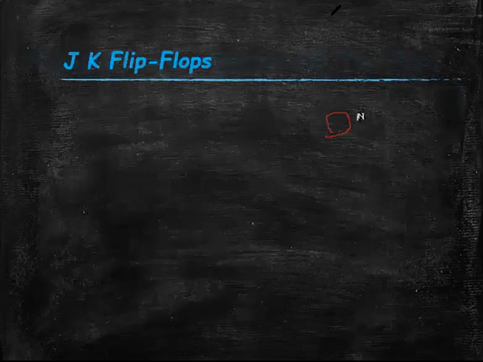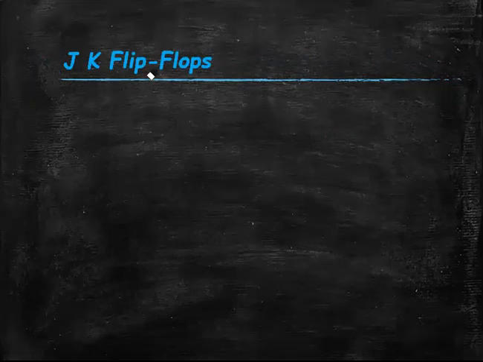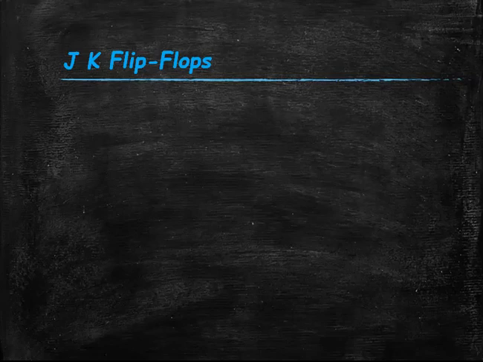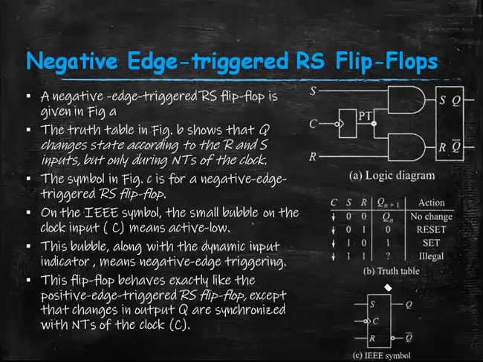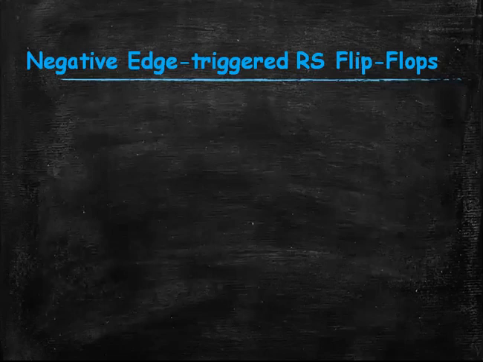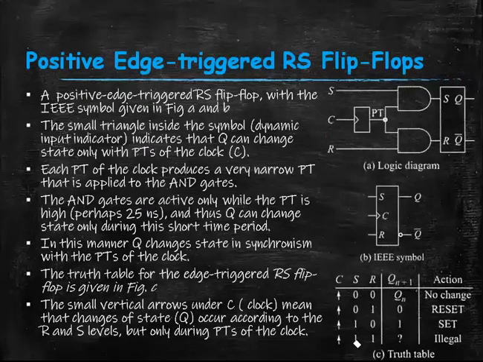Now we go into the JK flip-flop. Here, in the RS flip-flops, negative edge triggered, and in the case of the positive edge trigger, look at the last case, that is for S is equal to 1, R is equal to 1, it is an illegal operation.